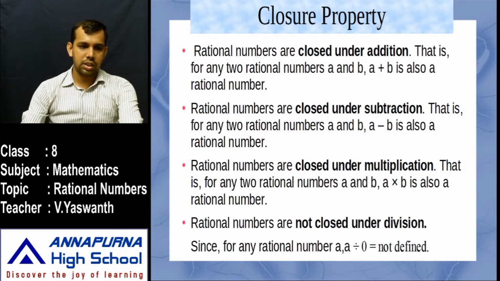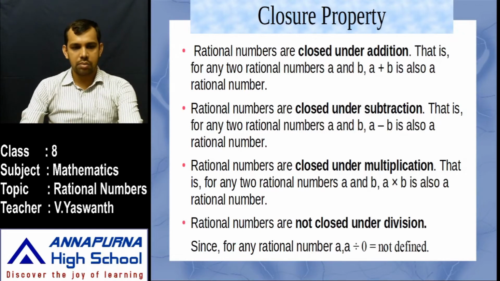In case you take 0 out of the collection of rational numbers, when you divide one rational number by another, you get a rational number. But we are verifying the property and we want all the cases. That is the reason why rational numbers are not closed under division.